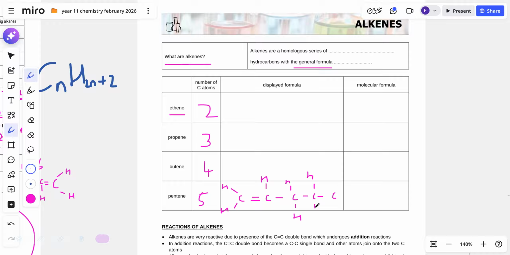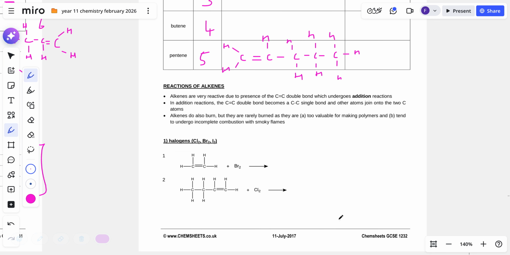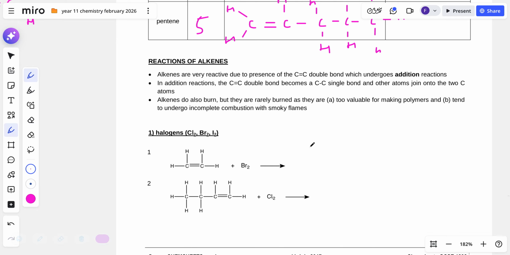The really interesting thing about the reaction of alkenes is the way that I would explain this to myself, with images in my head. This is ethene, and this is bromine.